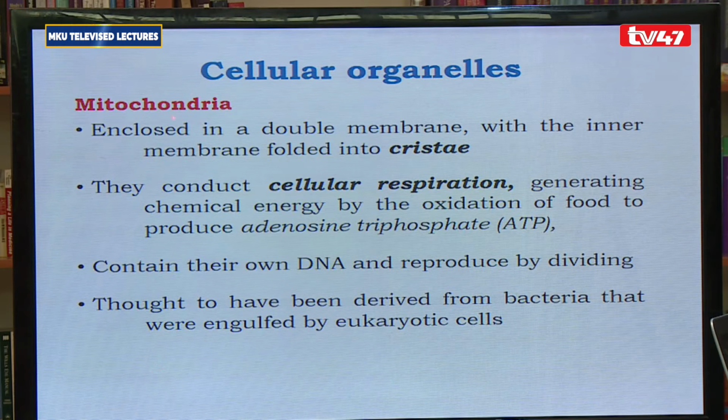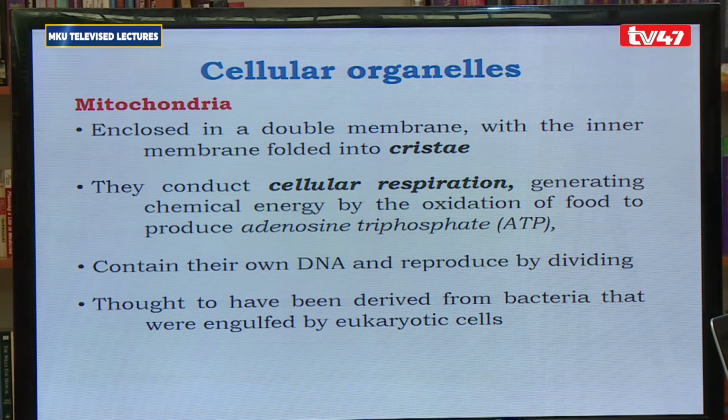Interestingly, the mitochondria, compared to other organelles, is the other organelle apart from the nucleus that also contains some DNA. And it is also able to reproduce by dividing. So our mitochondria can divide into two and create more mitochondria, controlled by its internal system.